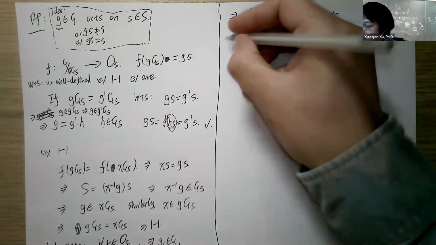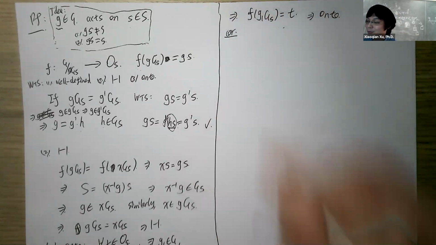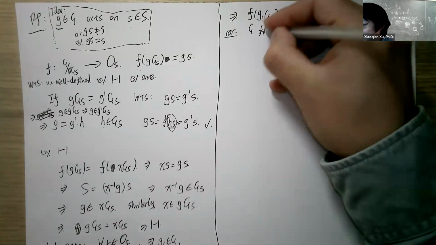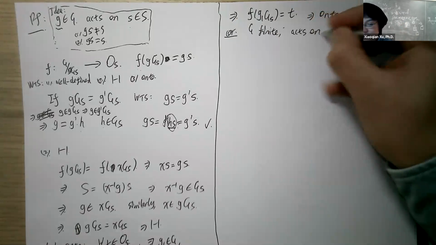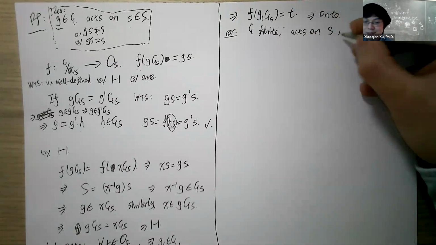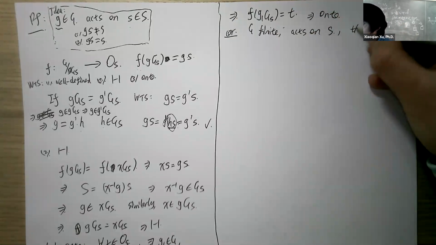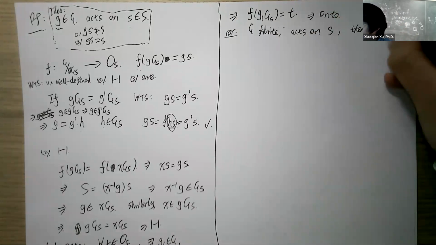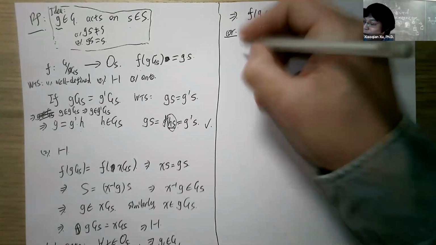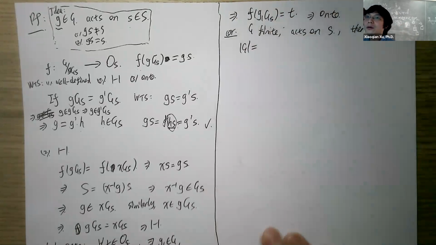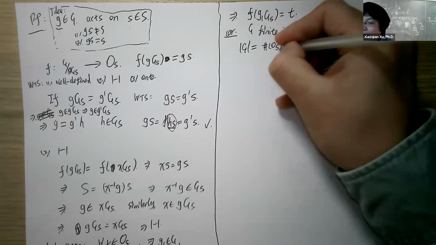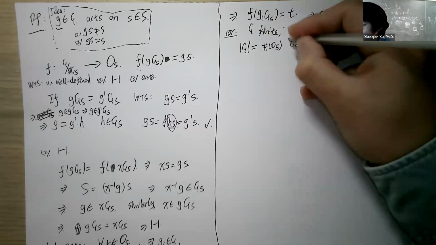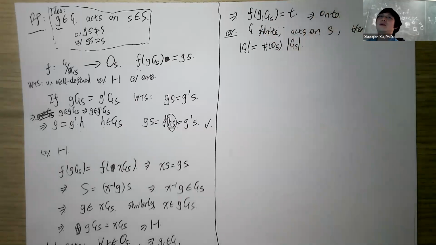Okay. Then a natural corollary would be: if G is finite and acts on a set S, then for any s in S, the order of G equals the size of the orbit times the order of the stabilizer.